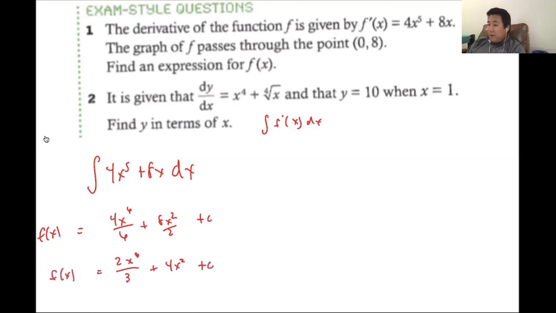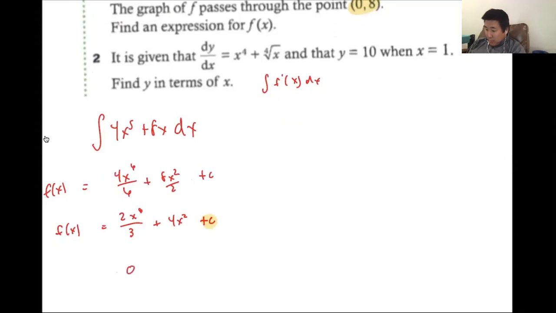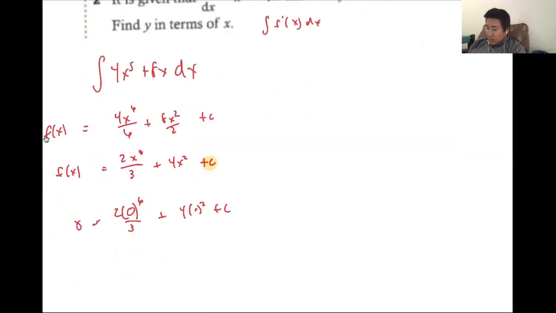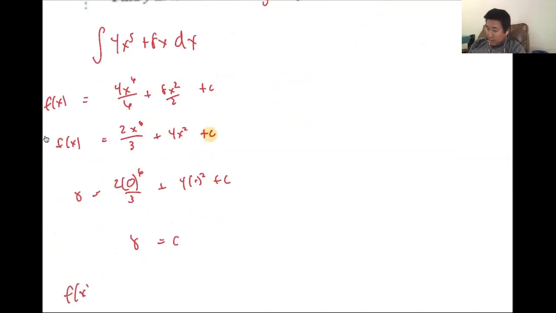However, we want to find an expression without the c. So to get rid of the c, we plug in this point. So 2 times 0 to the 6th over 3 plus 4 times 0 squared plus c equals 8. So c equals 8. So the equation is f of x equals 2x to the 6th over 3 plus 4x squared plus 8.